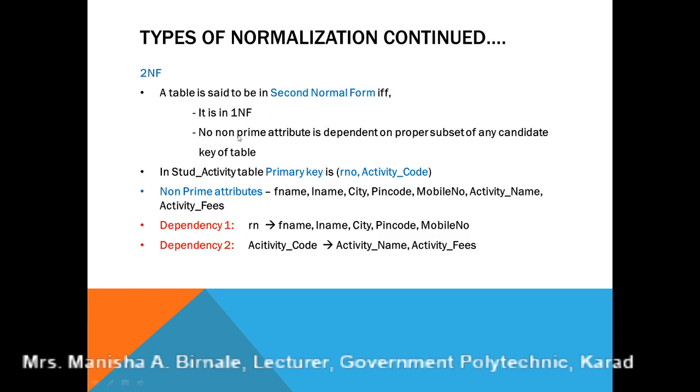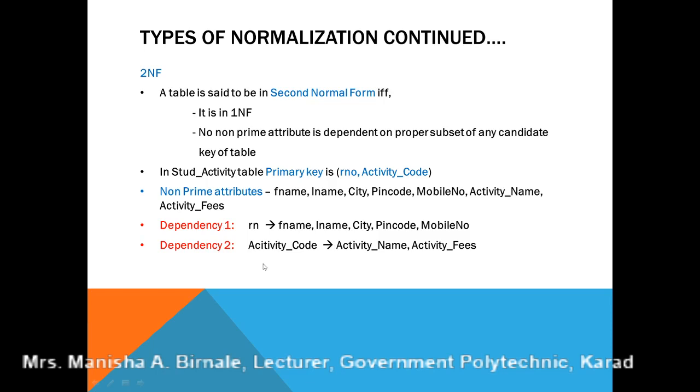So this second criteria is not followed by our table. Our table is in first normal form now, but here there are some non-prime attributes which are dependent on a proper subset of the candidate key. Roll number is a proper subset of the candidate key or primary key. Activity code is also a proper subset of the candidate key. So the second condition is not satisfied by our table. So our table is not in second normal form.